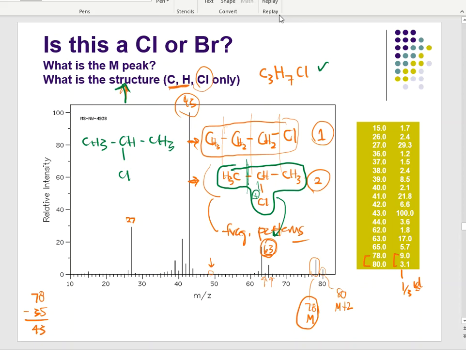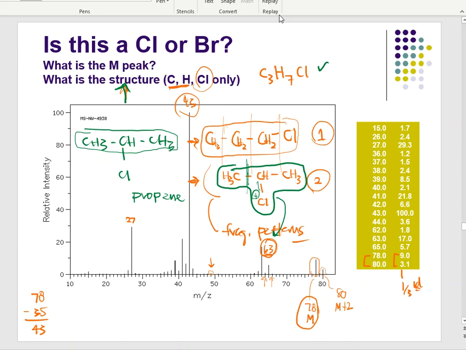All right, so if I had to name this, I wouldn't ask you to do this on a test, but just a quick review of organic if you're in that class. This is a propane group because 3 carbons are the main chain. And we always start that off with the proper ending. Propane. It is an ANE, and the reason is because they're all single bonds all the way down the row.